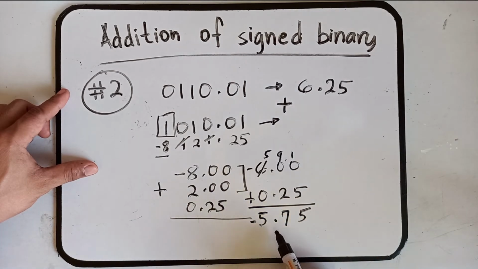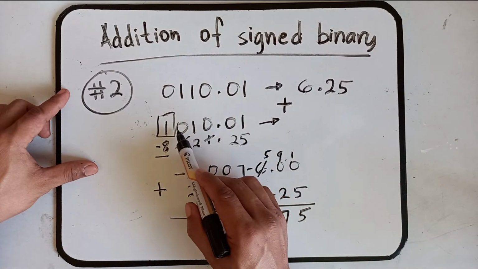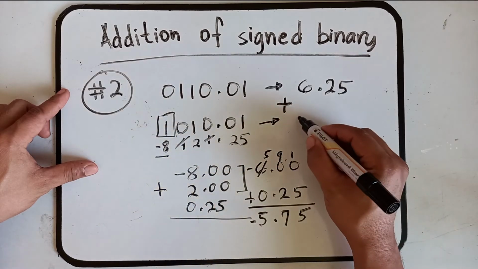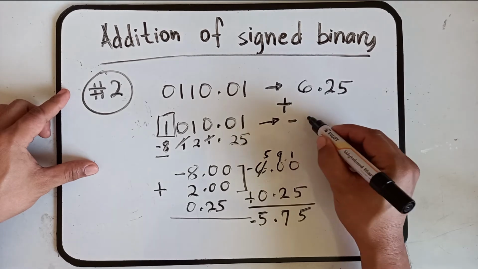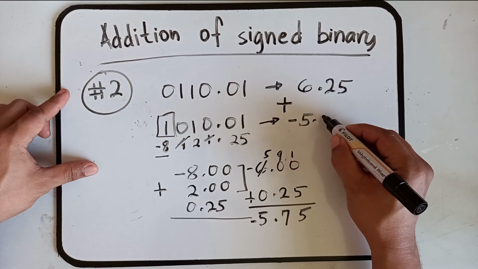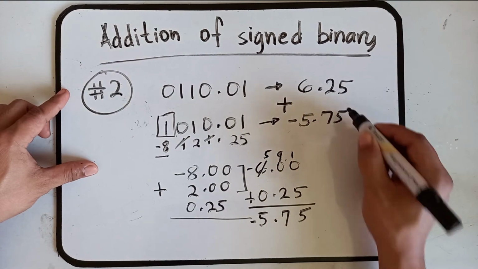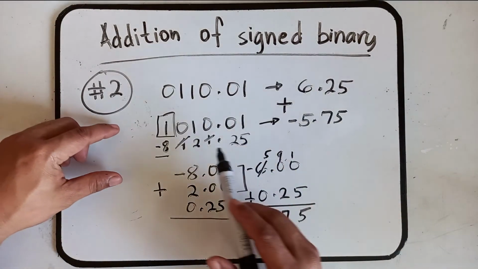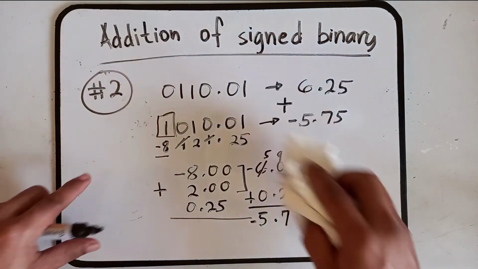So this shows that 1010.01 is negative 5.75. Okay. So again, let's review what we did here. So let me erase this again.